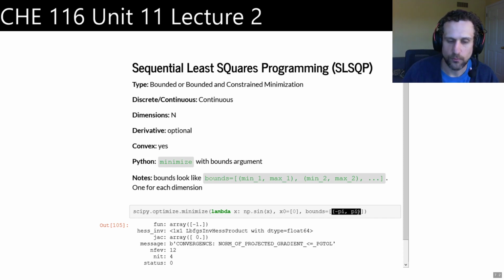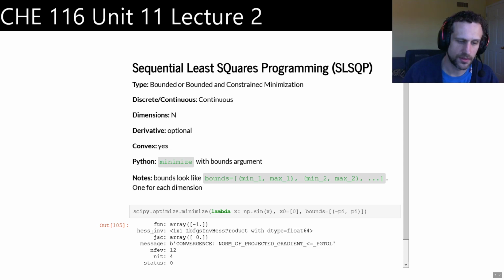Now, why is it a list? It's a list because this works in n dimensions. So we could have multiple sets of bounds, one for each variable. It's a tuple because the tuple has the lower bound and the upper bound, right? So we have a list, one for each variable or each dimension of x, and then within each of those we have a tuple, and the tuple goes from minus pi to pi.